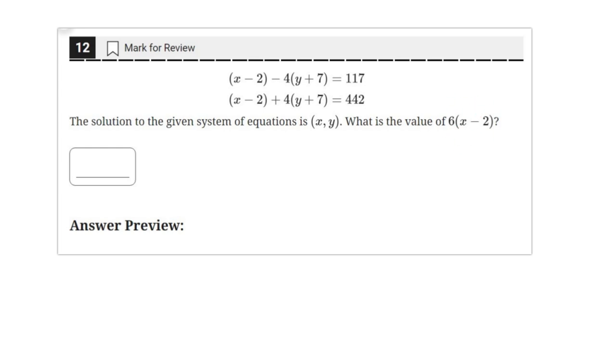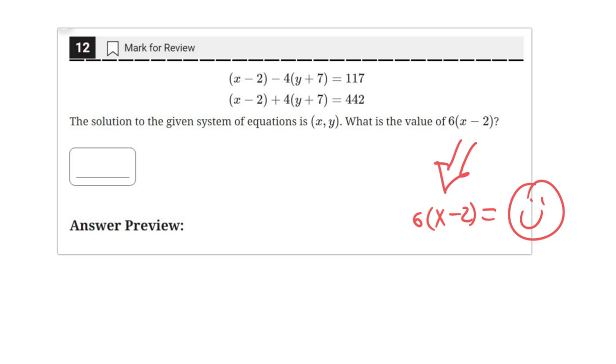I've learned through experience with SAT prep tutoring that whenever they ask for a strange expression like that, they want you to get that by itself and have some number over here, which is the answer. So they want you to rearrange this whole situation so that you end up with 6 times the quantity (x minus 2) on the left by itself, and your answer on the other side.